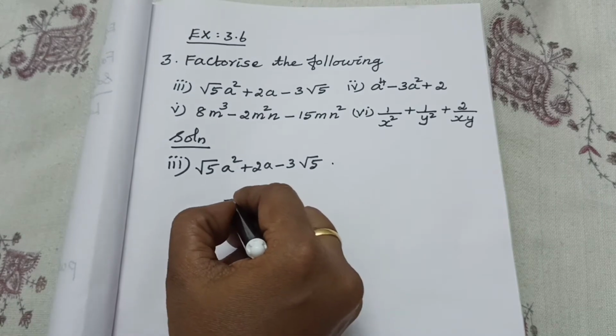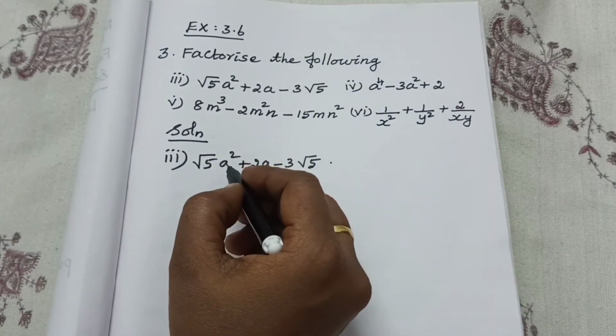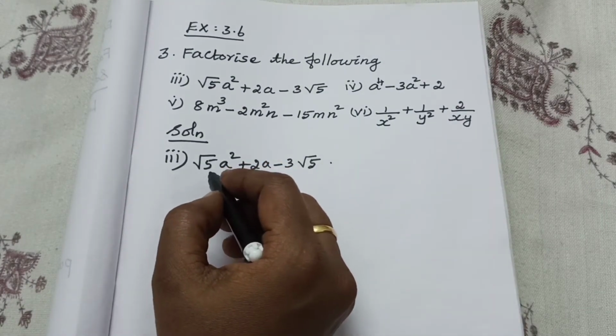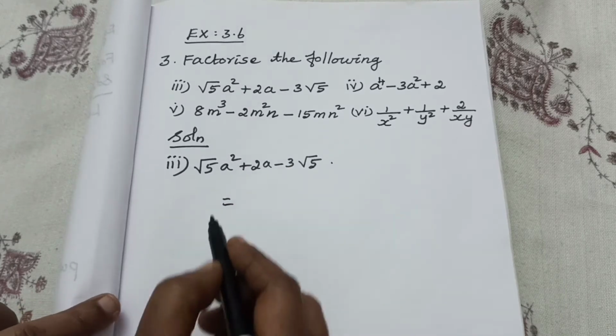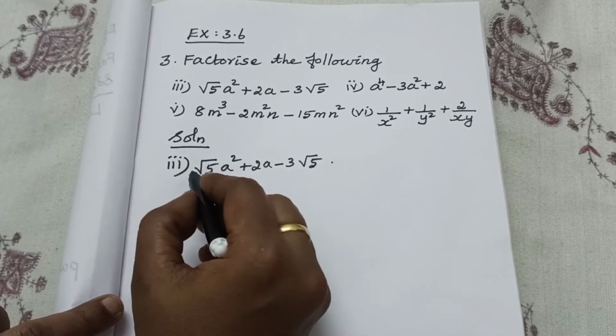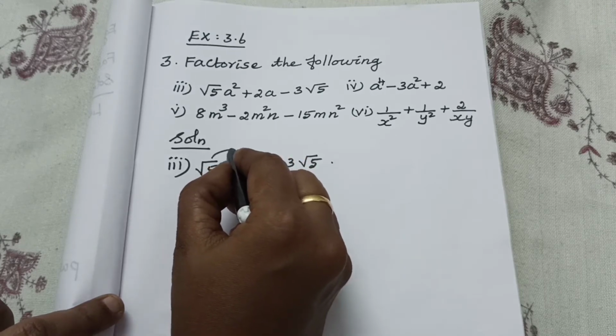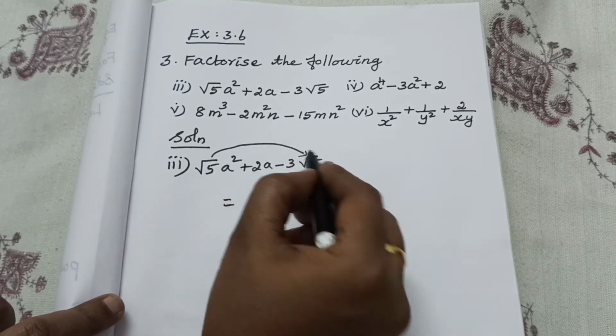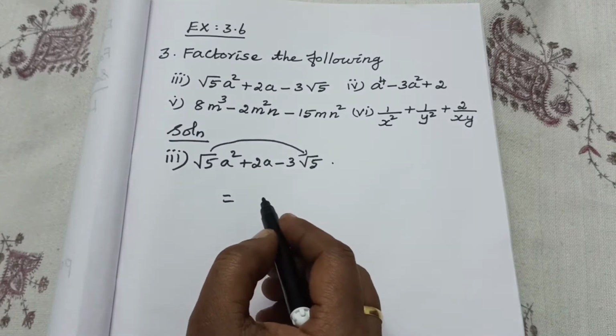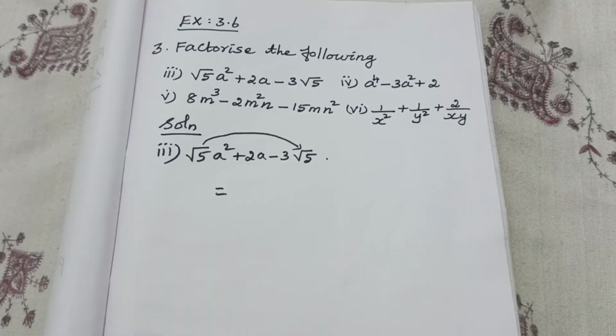Okay. This is equal to, here what's the coefficient of a square? Root 5, isn't it? And the constant is minus 3 root 5. This coefficient and this constant, we have to multiply. Okay, these two we have to multiply.